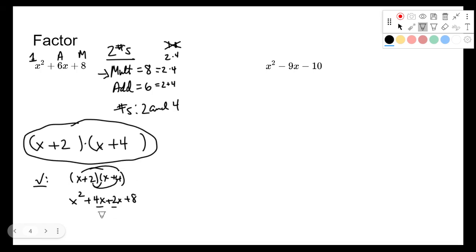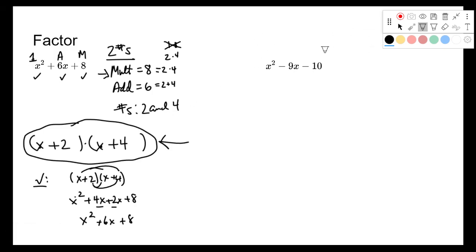When I put my like terms together, I get the x squared, check. 4x plus 2x is 6x, check. And there's the 8, check. So this is factored correctly: x plus 2 times x plus 4. I'm splitting this x squared up into an x in the first set of parentheses and an x in the second set so that when I multiply them, it gives me the x squared.